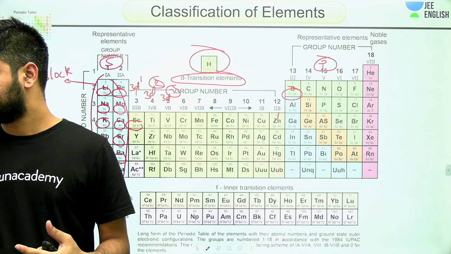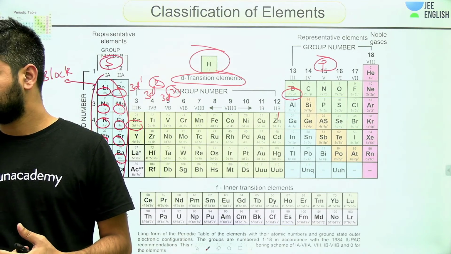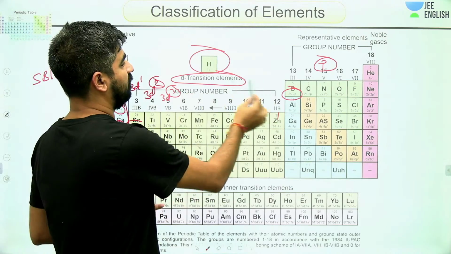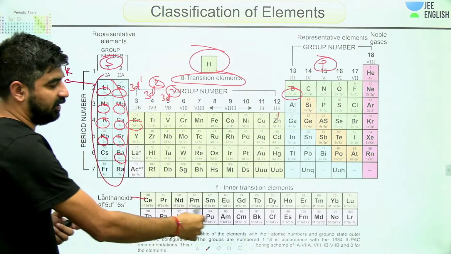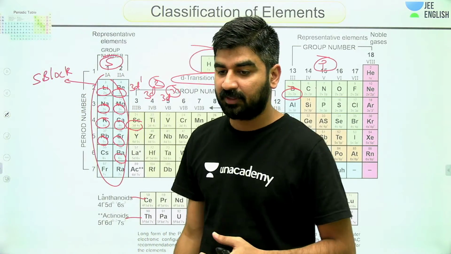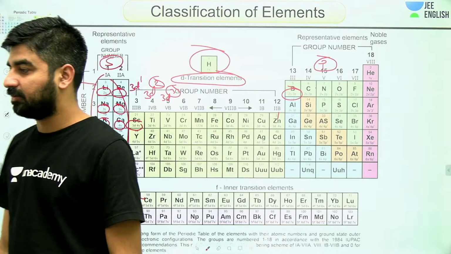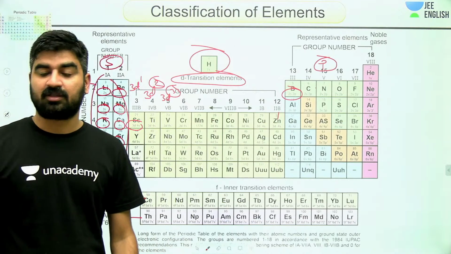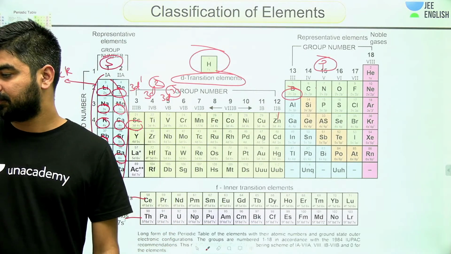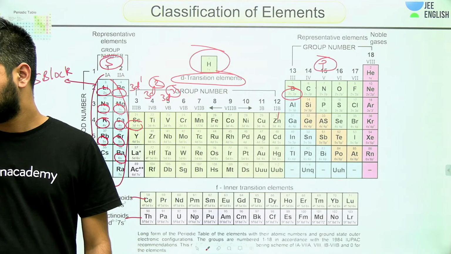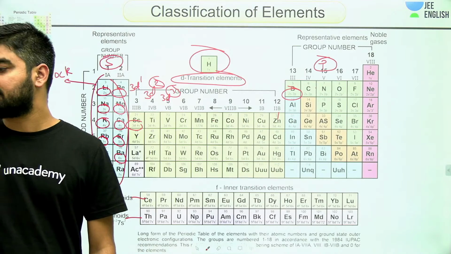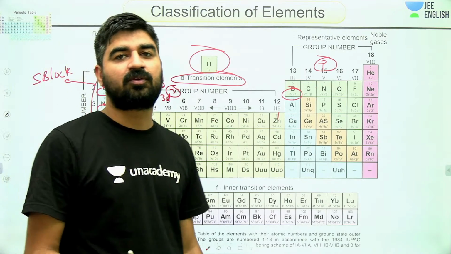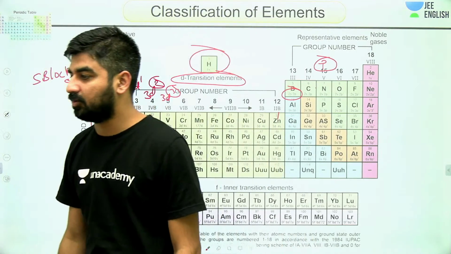Got it? So S block, P block, D block and these are F block because the electron is entering into the F. Yes, this is from NCERT only. You can read it in the NCERT. Yes, not for problems. For problems, it would be good if you go for some institute material. Okay, Rohan?